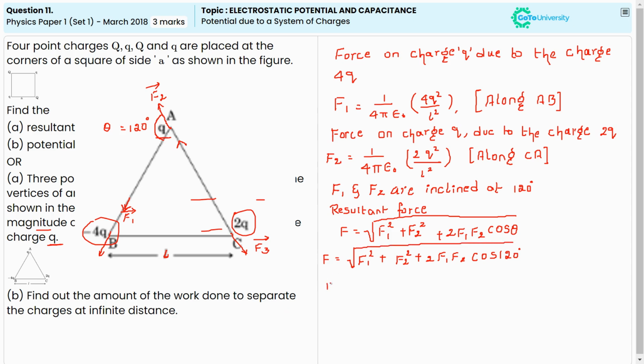Then F is equal to under root of F1 square plus F2 square minus F1 into F2.